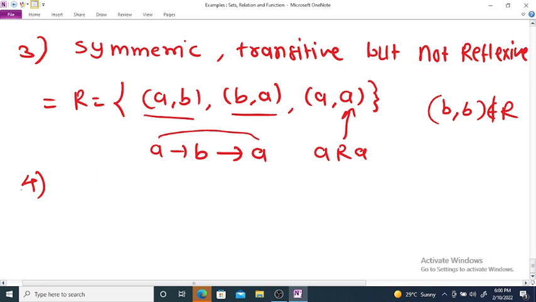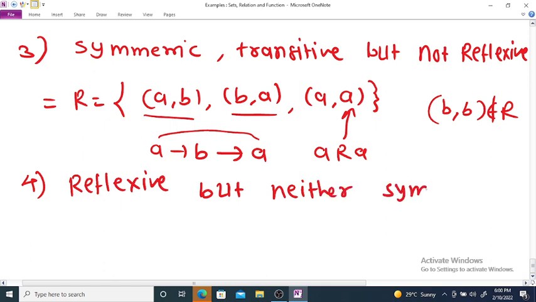Then next, reflexive but neither symmetric nor transitive.